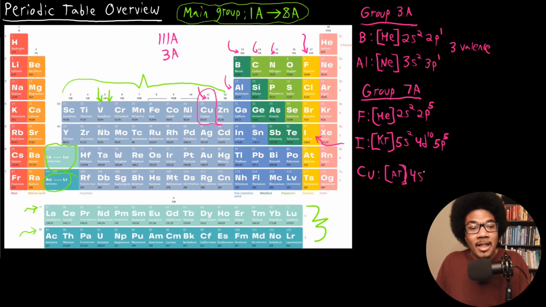So you end up with the following electron configuration: 4s1, 3d10, right? I know it looks kind of weird, but this is the correct electron configuration for copper.